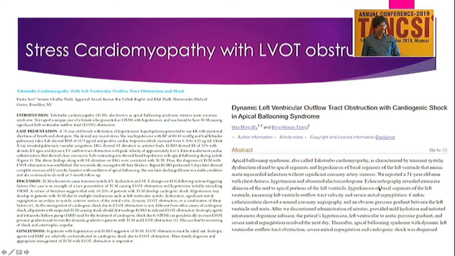LVOT obstruction occurs in around 10 to 25% of patients with stress cardiomyopathy, and we should keep this in mind, because if a patient presents with hypotension and stress cardiomyopathy, giving inotropic support can aggravate the LVOT obstruction and more hypotension will ensue. So these patients should be cautiously judged, intravenous fluid can be given, and ACE inhibitors should not be given, to avoid reduction of afterload.